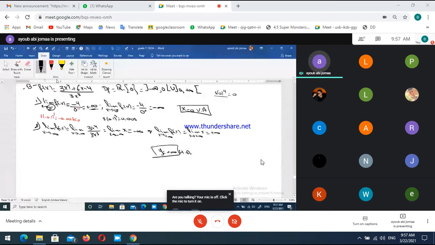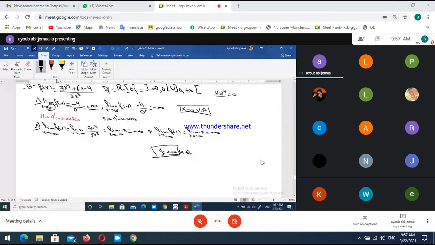Do we have a line of equation y equals positive infinity at all? No. Infinity is not a number. A horizontal asymptote is y equals a constant, a real number. So definitely not.